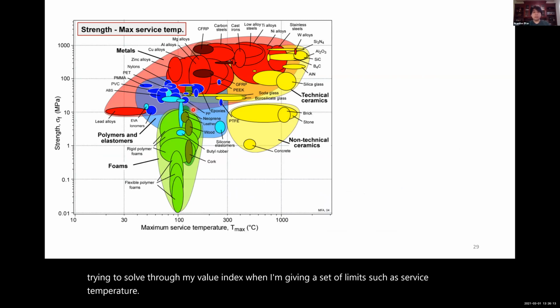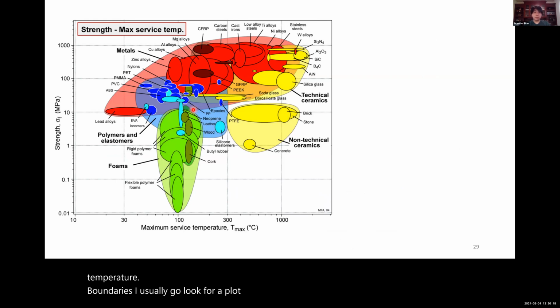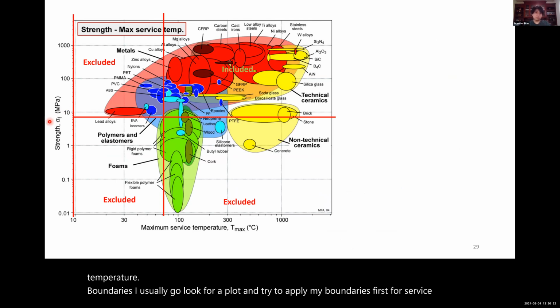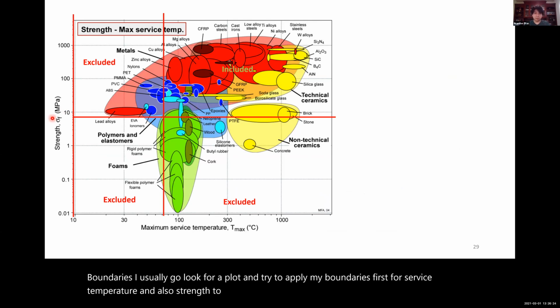I usually go look for a plot and try to apply my boundaries first for surface temperature and also strength too. It's a modular system, a mechanical system inside your part, so you probably have a minimum strength requirement.